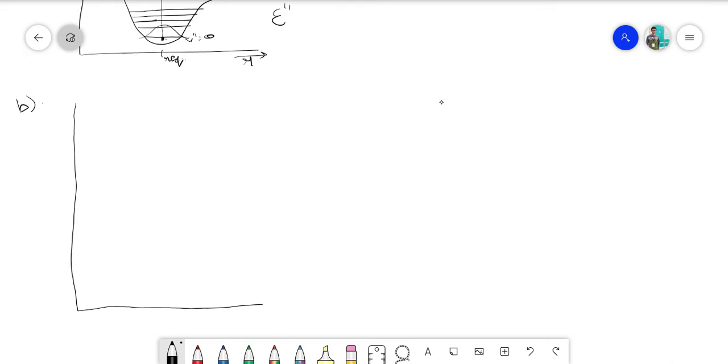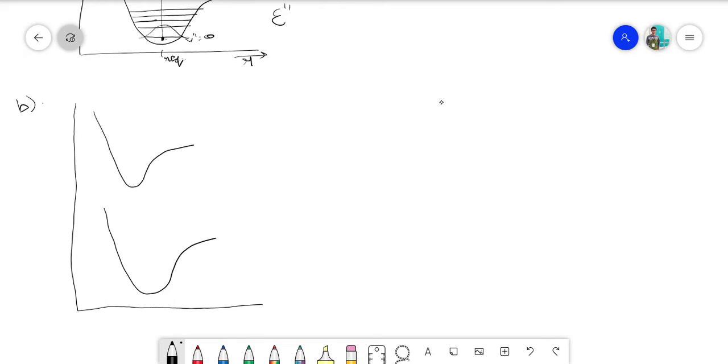What I want to show is you have one energy level like this, and let's say the other energy level is present at a lower internuclear distance.